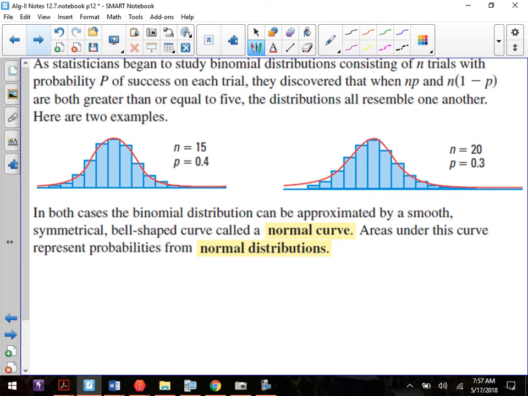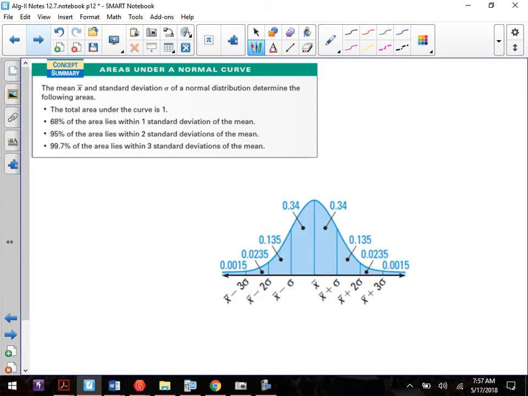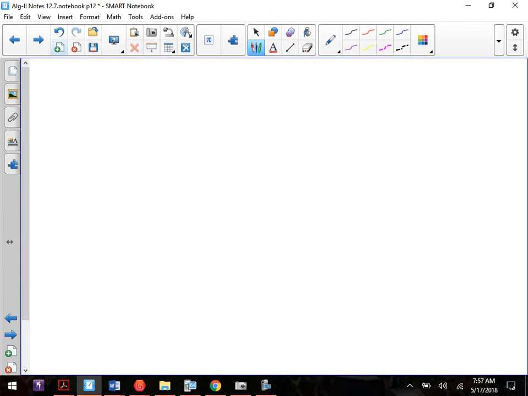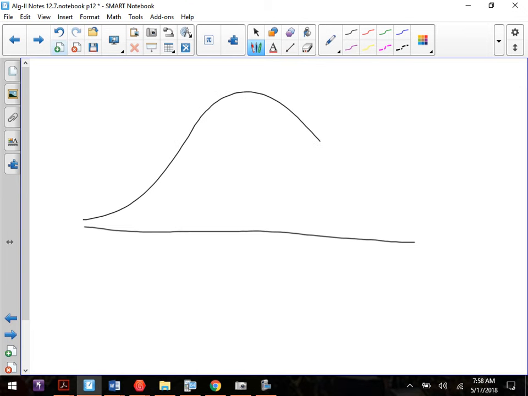So what happens with a lot of normal curve stuff? Actually, draw this out first. What happens with normal curve? It's not too bad. When you have a normal curve, 100% of all of your data is under the curve.